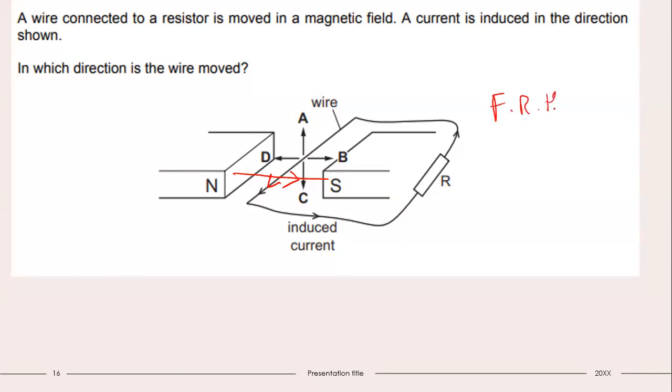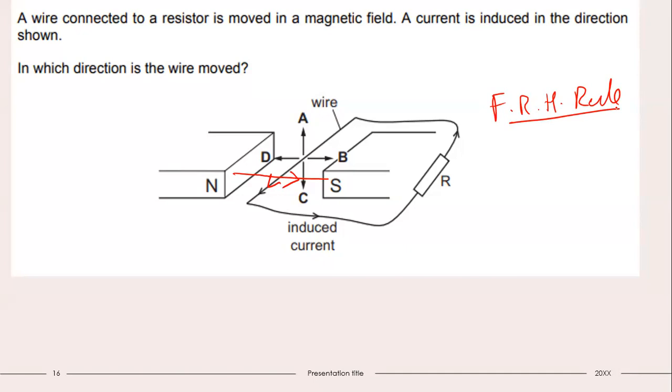Fleming's right hand rule. So let's apply the rule. Take out your right hand and point the first finger towards the magnetic field. So point it from north to south, and then point your second finger towards the flow of current, which is towards you.